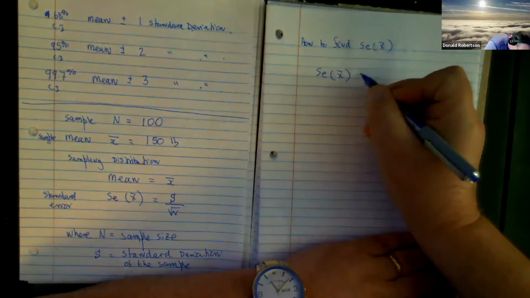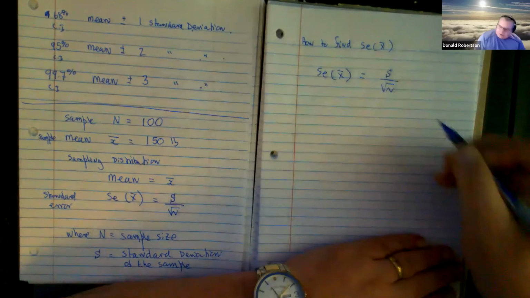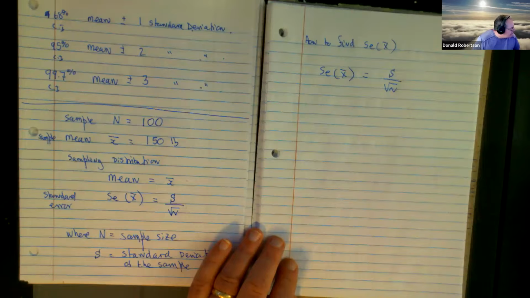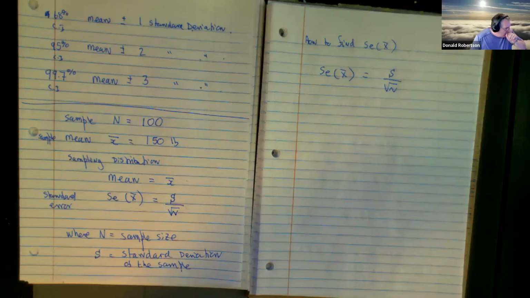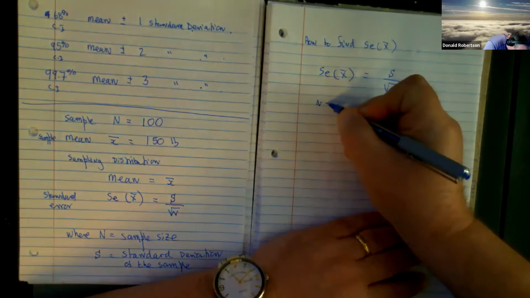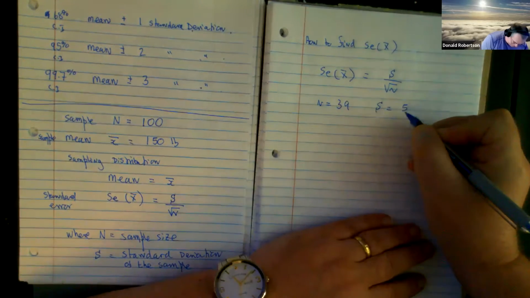The standard error is s over the square root of n. So can I find one? Suppose the sample size was 39 and s was 5.